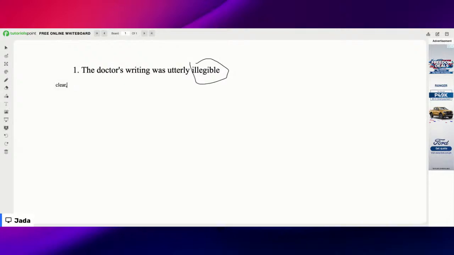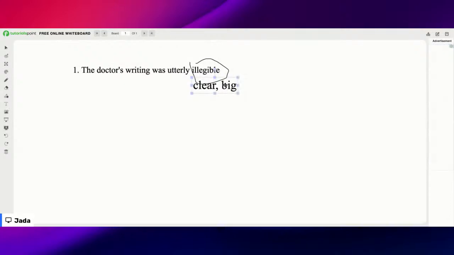So if it is big or if it is clear, then you can understand the writing, because it is clear, it is big and legible for you to understand.